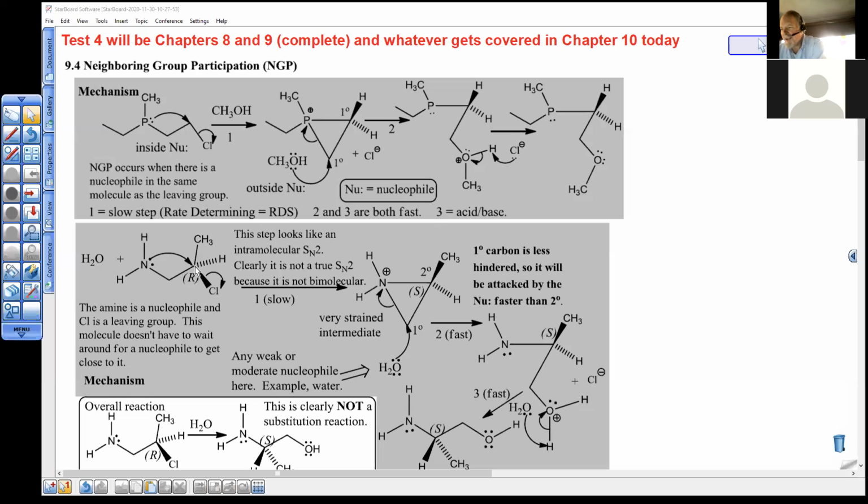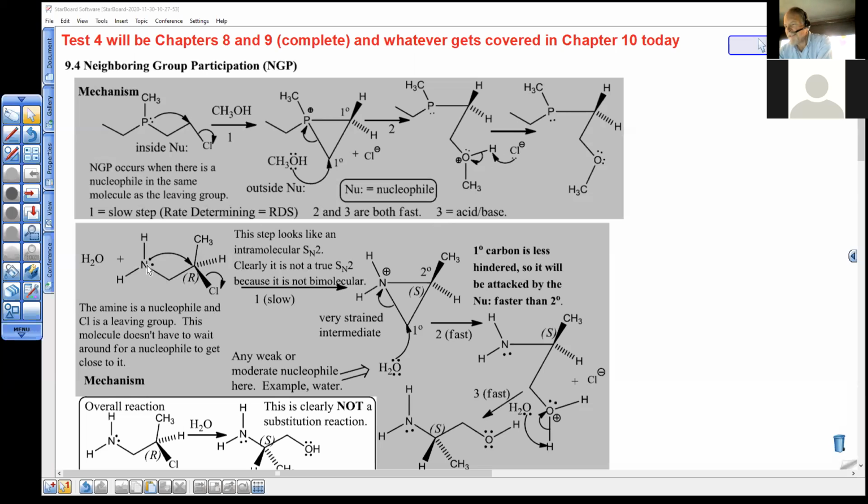Here we have a secondary carbon with a leaving group, but there's also a nucleophile in the same molecule. This is an override circumstance where all your other analyses would be overridden by this, and you'd just say NGP because there's a nucleophile in my molecule with a leaving group. We'll do a practice example with all the analysis steps shortly.